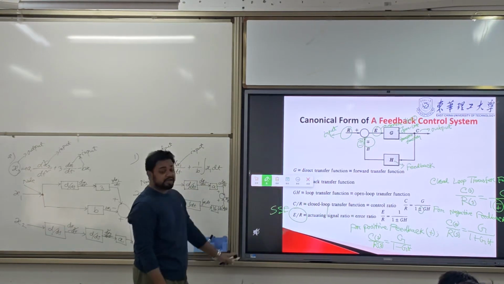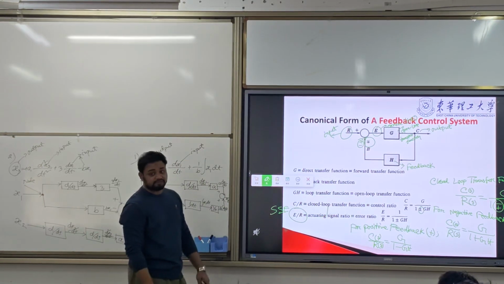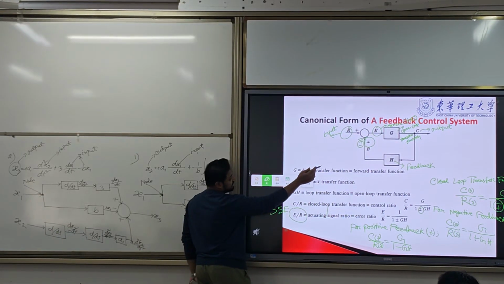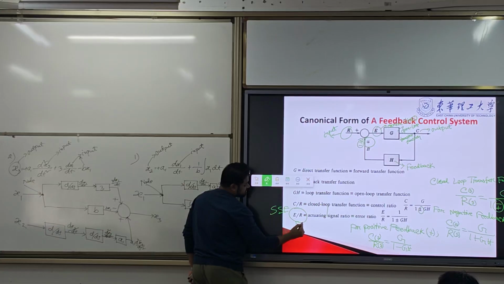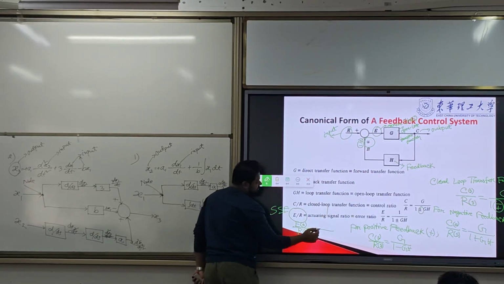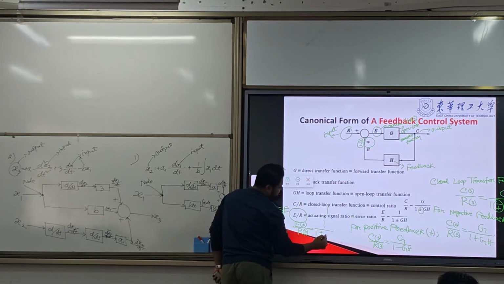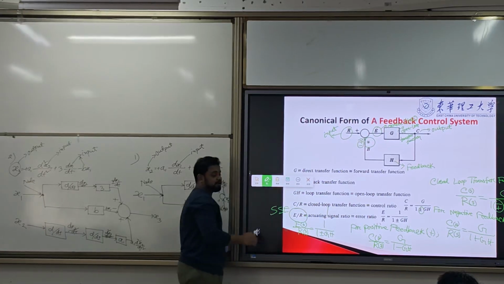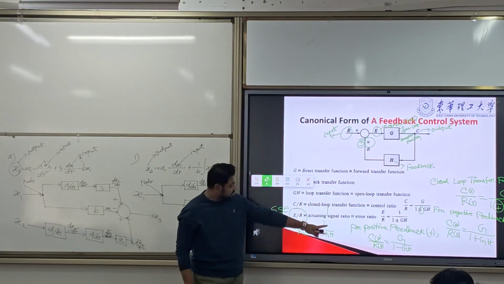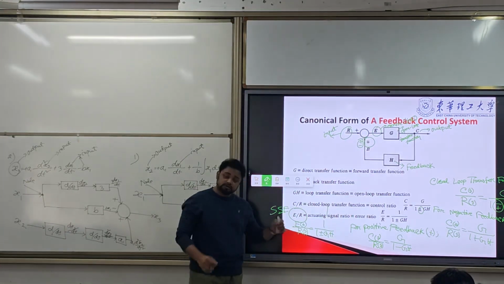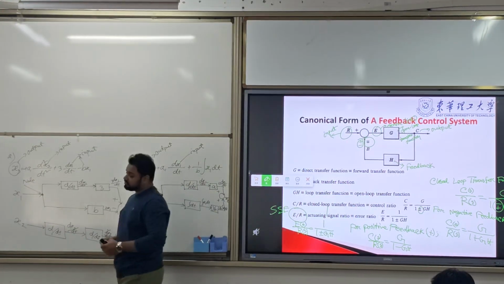To find the steady state error, we use E(s) by R(s), which is equal to 1 by 1 plus minus GH. Again, this sign depends on whether the feedback is positive or negative. If it is positive, it will be negative. If it is negative, it will be positive. That is the steady state error ratio.